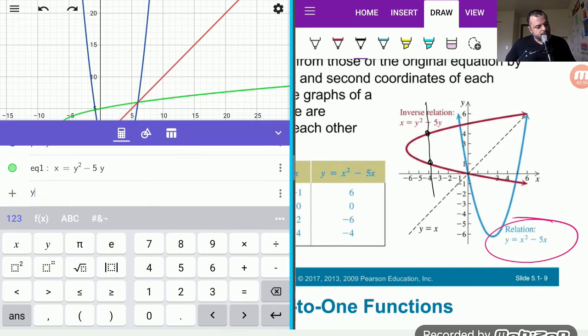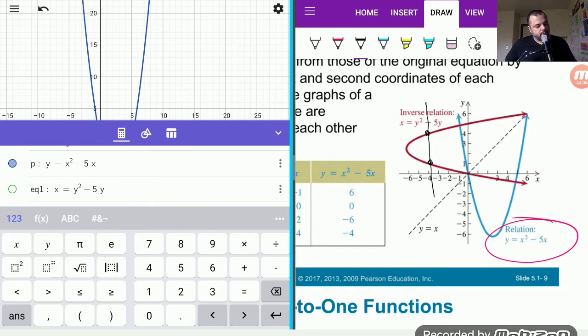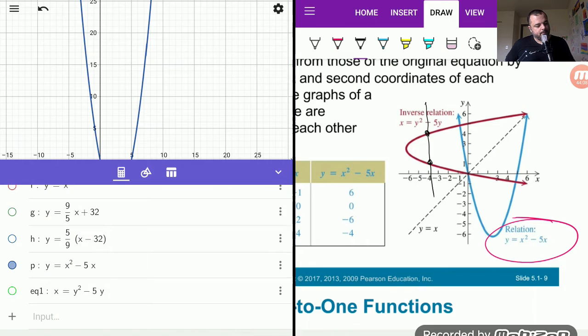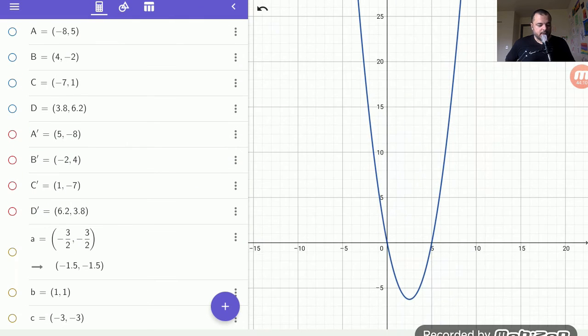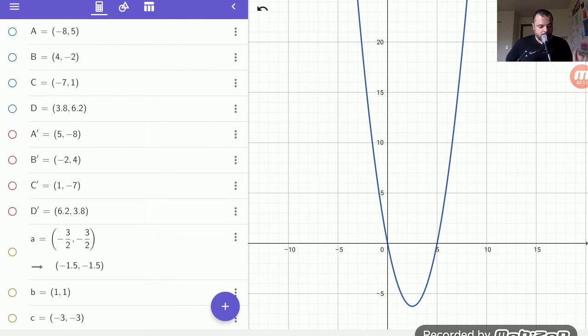Y equals, oh, we have it already. So we have it here. Let me just hide these, and I'm going to keep the blue line. This is the one that we had already. This one is a function because it passes the vertical line test, right? But is it a one-to-one function or no?